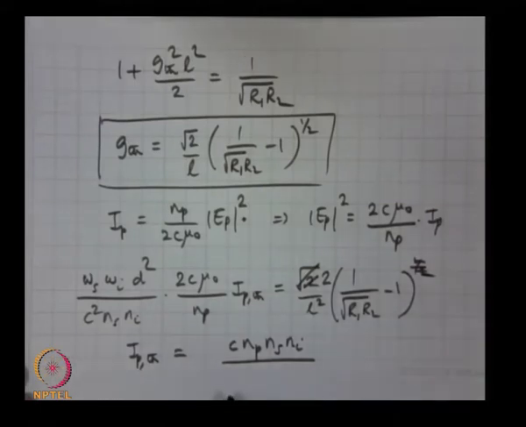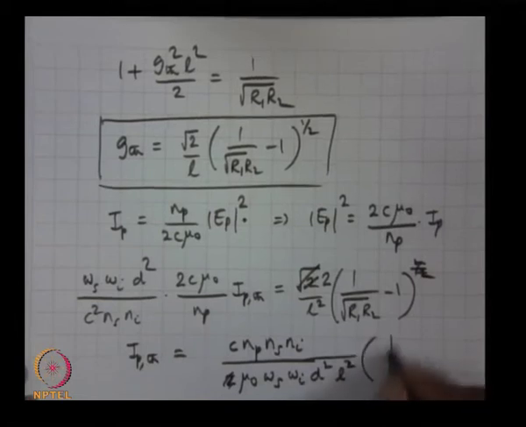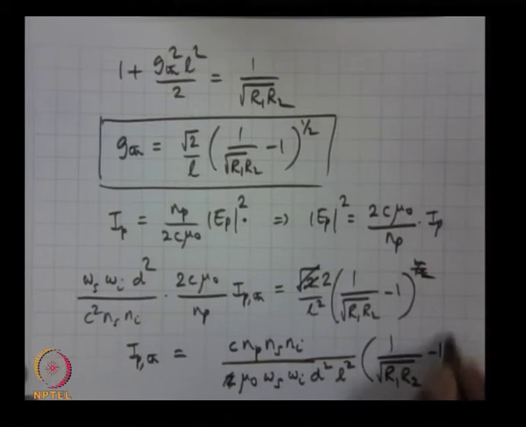So IP threshold is C NP NS NI by 2 mu 0 omega S omega I d square, so that factor of 2 goes up from here, L square, 1 by square root of R1 R2 minus 1.